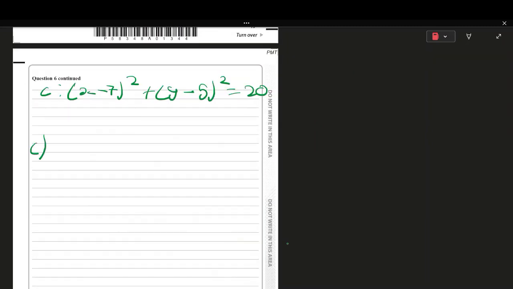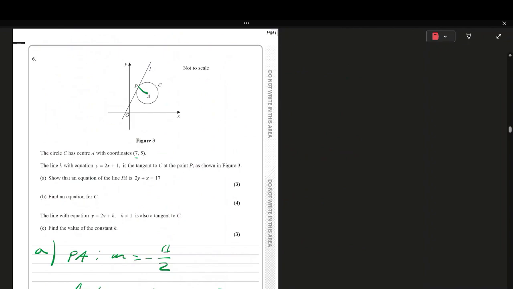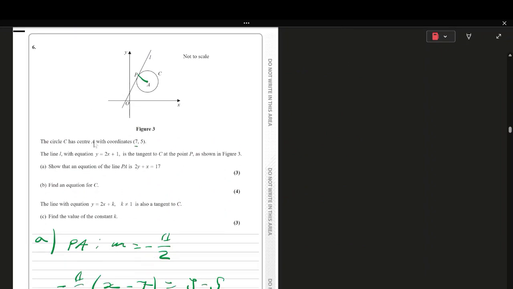So if we write down what was given in the question, y is equal to 2x plus k, we can see that this is parallel, or it's the same gradient as the original line here. So we can see that there is a second line, we could call it L2.